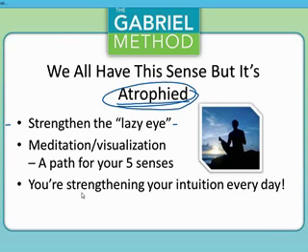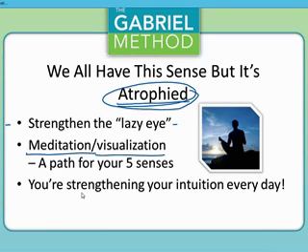Well, if you have a sixth sense that's gotten atrophied from years and years of non-use, and your five senses are so strong, and you want to strengthen it, how do you do that? Well, one of the ways you can do that is put a patch on the good senses. What is putting a patch on the good senses? Putting a patch on the good senses is meditation or visualization.